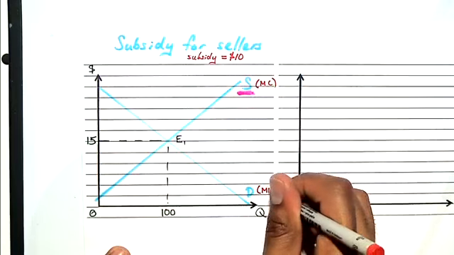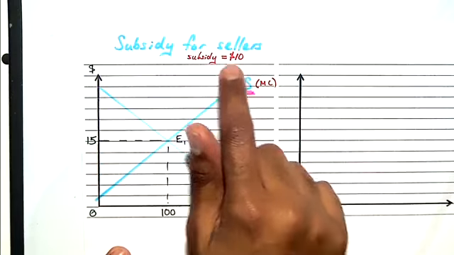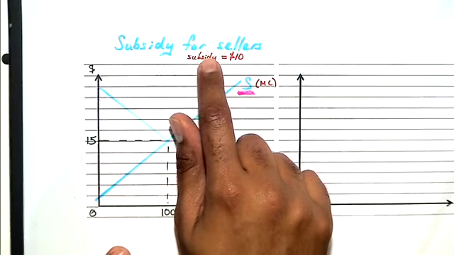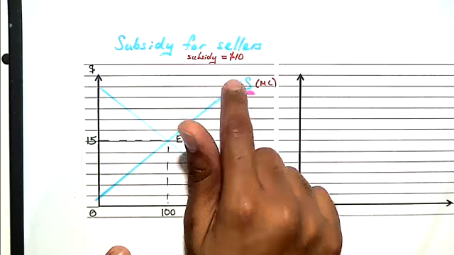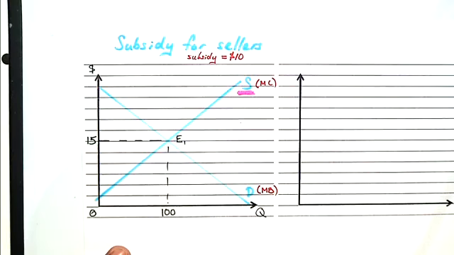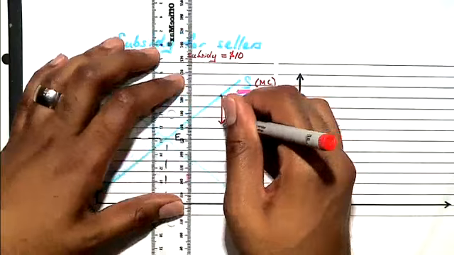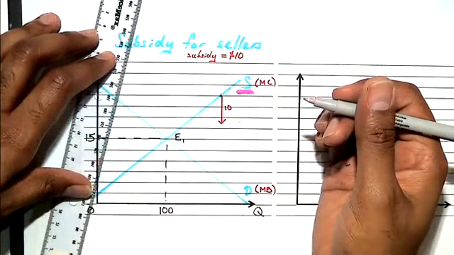Demand is marginal benefit. Giving a subsidy to the seller would increase or decrease the marginal cost? Decrease. So the supply curve, the marginal cost curve, will shift down by 10.